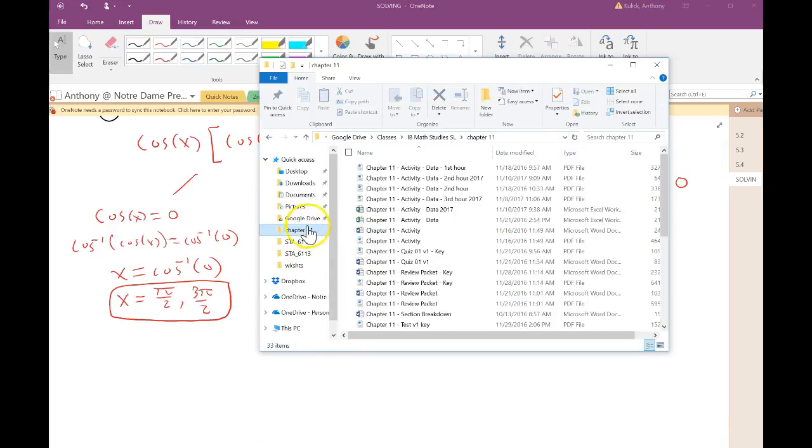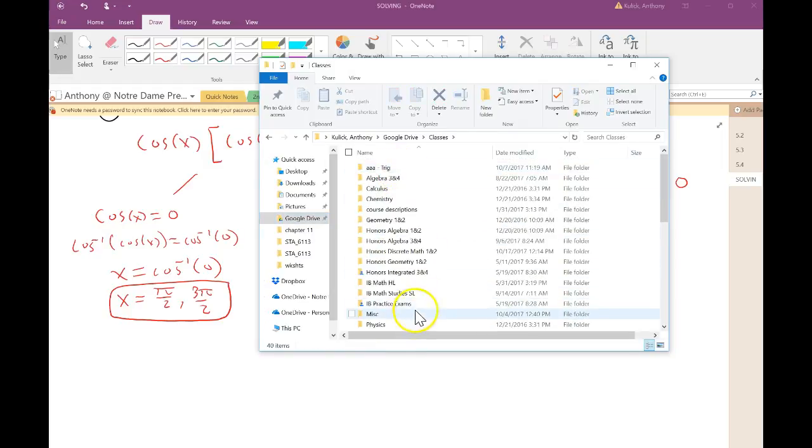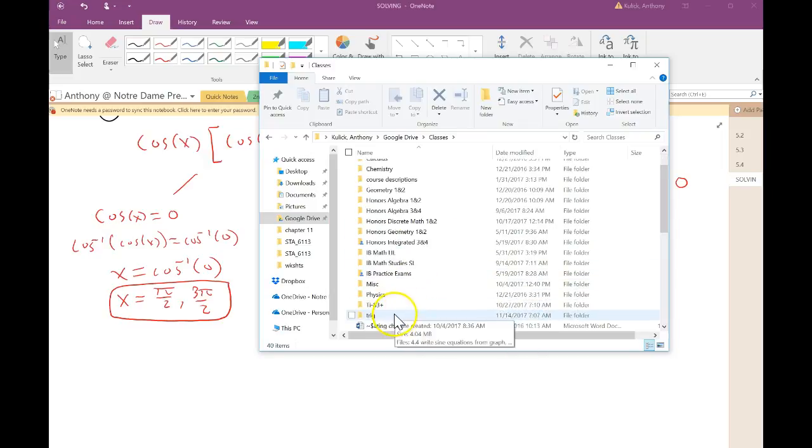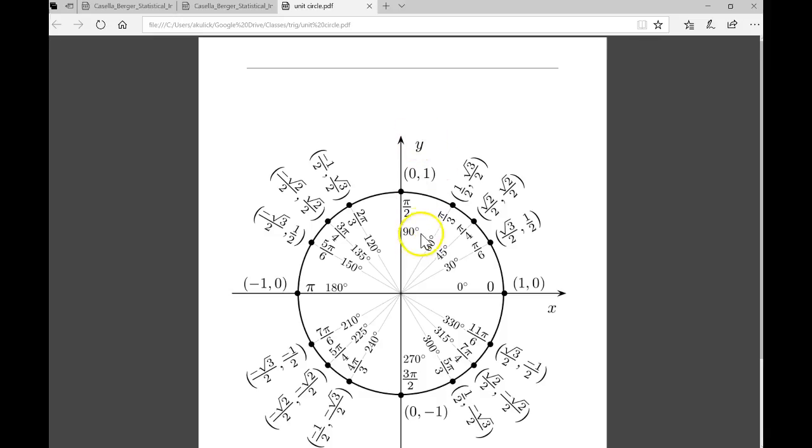So if I go to my unit circle, cosine is which coordinate on the unit circle?